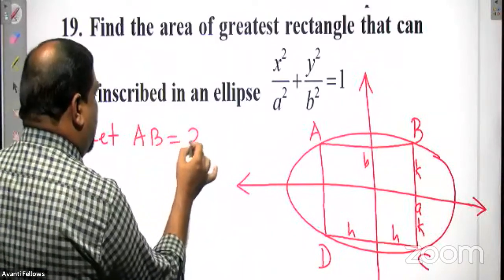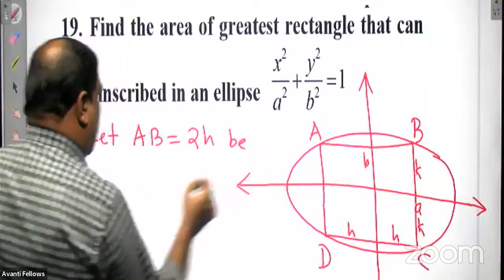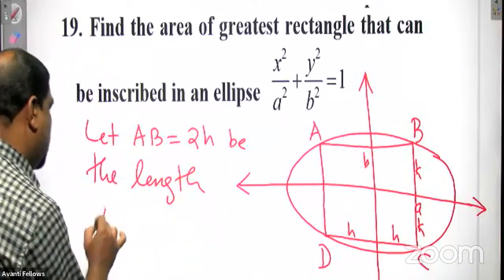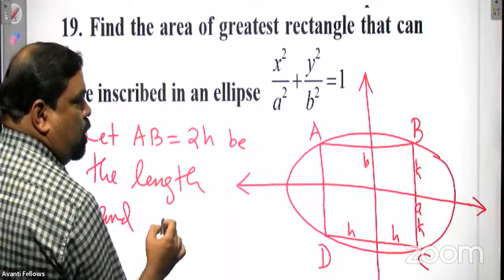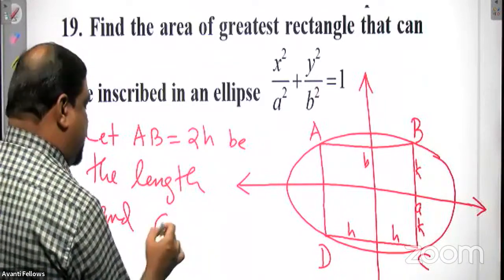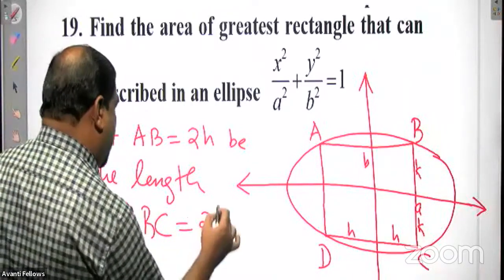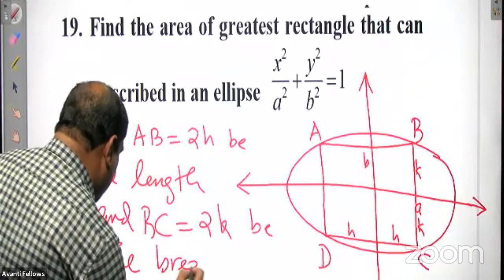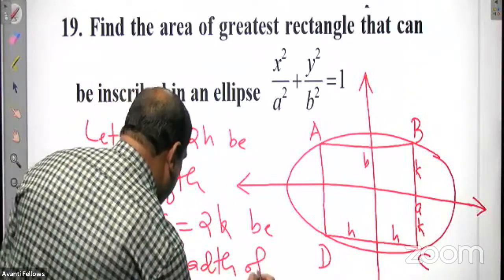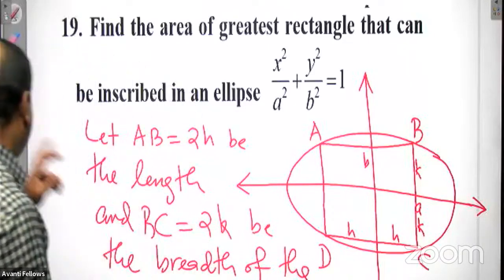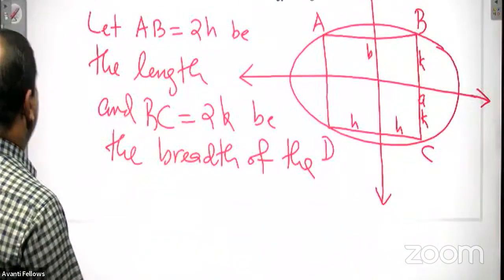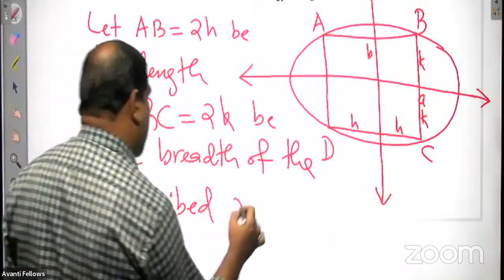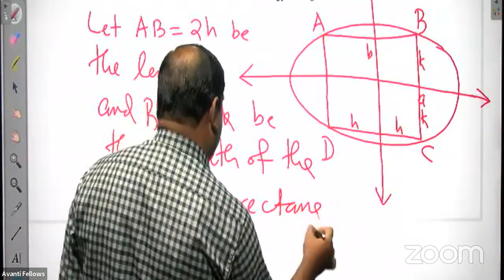Let AB is equal to 2h be the length and BC equal to 2k be the breadth of the inscribed rectangle.